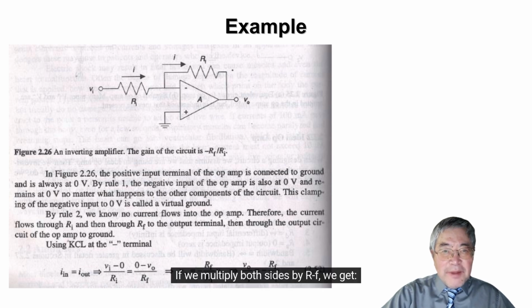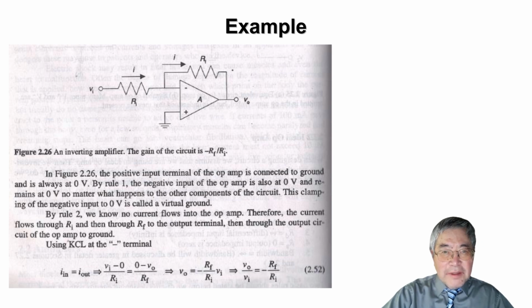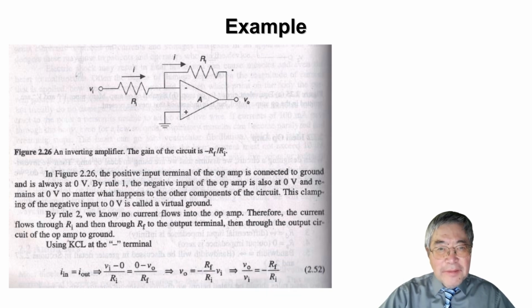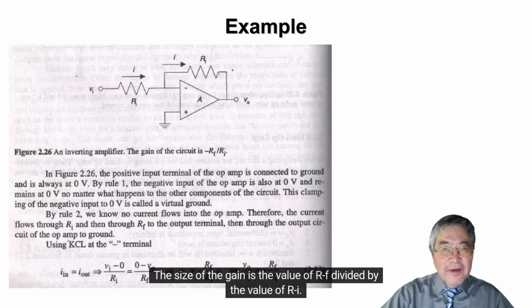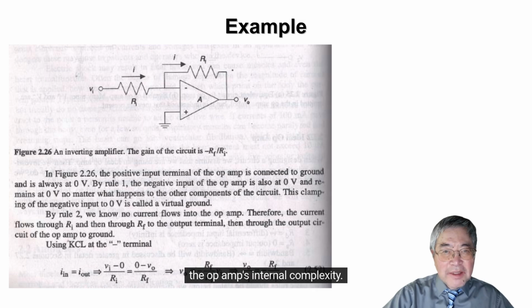If we multiply both sides by Rf, we get output voltage equals negative Rf over Ri times the input voltage. The negative sign means the output is inverted compared to the input. The size of the gain is the value of Rf divided by the value of Ri. So, with just those two op-amp rules, we can find the input-output relationship without worrying about the op-amp's internal complexity.